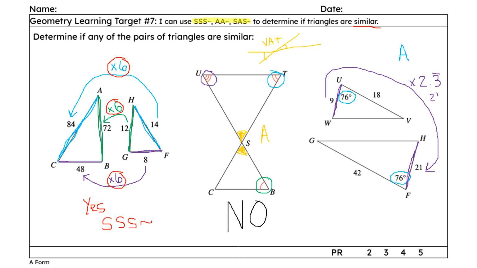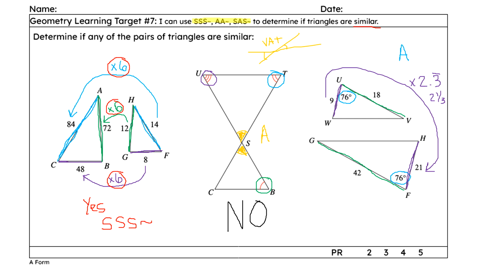All right, so far I know that this side length, HF, is 2 1/3 times bigger than the side length UW. I wonder if that same thing is true for this long side here, UV, and this side length here, GF.